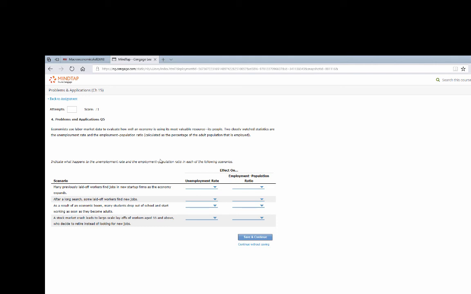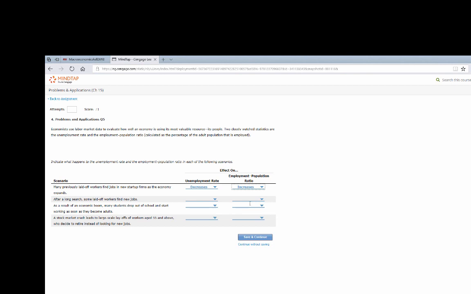So your unemployment rate will decline. And then it's asking, what's going to happen to your employment population ratio? Well, if the number of people employed has gone up, because they're not unemployed anymore but now employed, then your employment population ratio is going to have to increase.